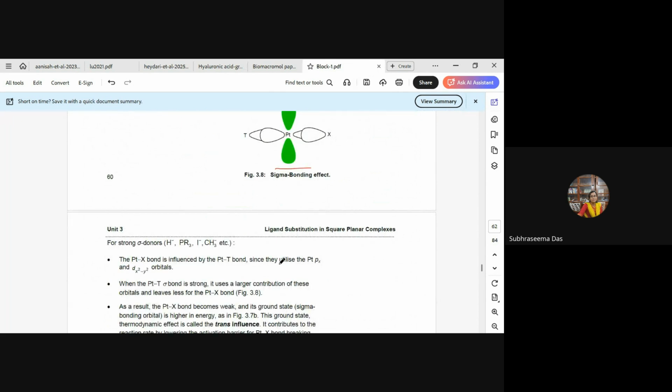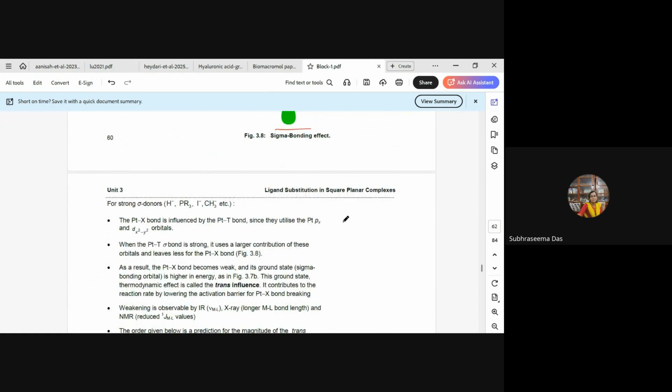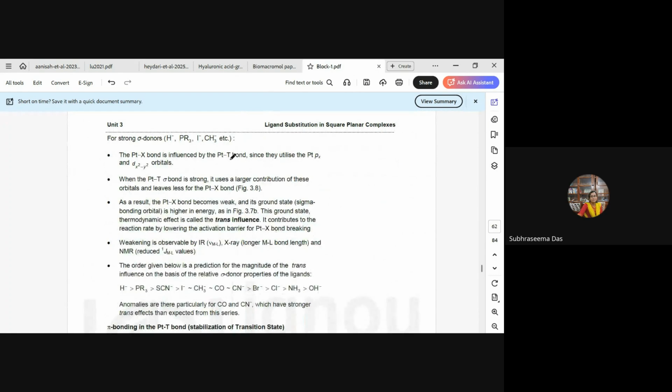For strong donors, particularly for strong sigma donors, the Pt-X bond is usually influenced by the Pt-T bonds since they utilize the Pt p-x and d x square minus y square orbitals. So because the Pt-T sigma bond is strong, it uses a larger contribution of these orbitals and it leaves very little space for the Pt-X bond.